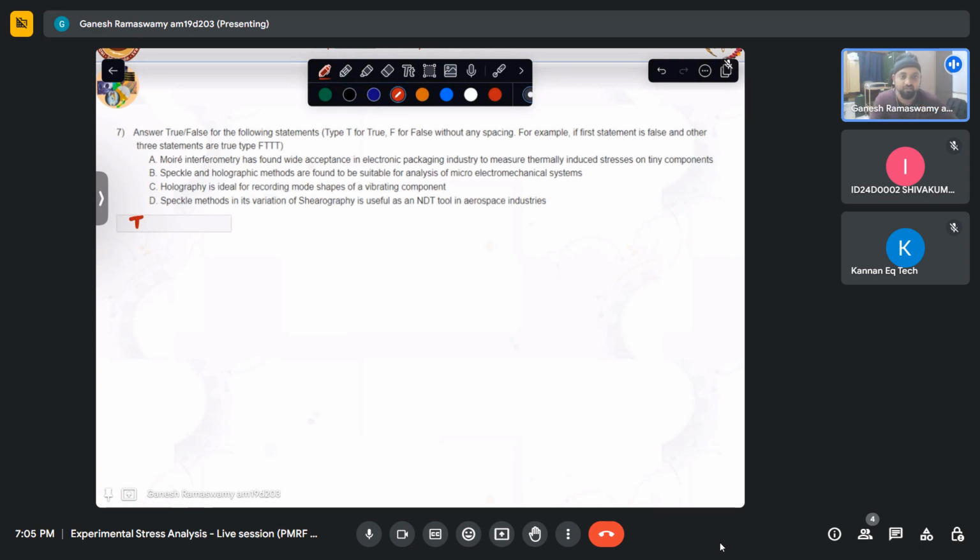Holography is very sensitive to vibrations that get introduced because there is a reference beam that you need to impinge on the specimen as well as the testing setup. So both have to be in sync. There should not be any difference brought about in the reference beam that we sent.